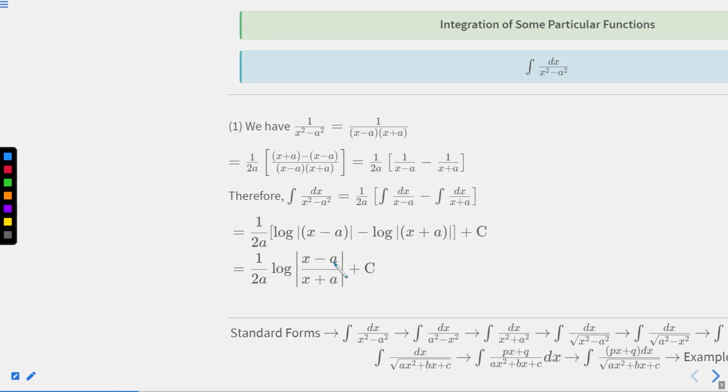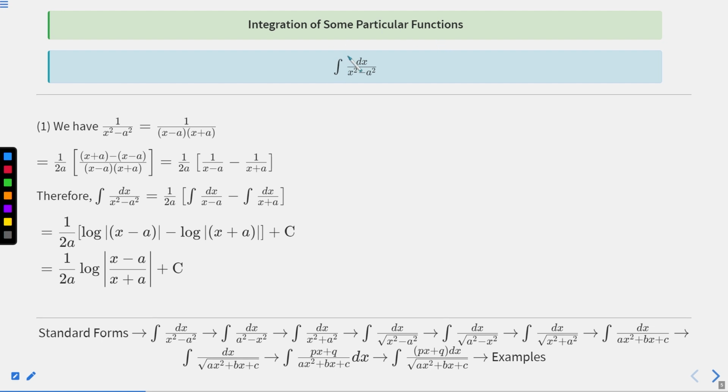Okay, let us move next. Now we'll see how we get to our answer in the first expression. 1 by x square minus a square can be rewritten in this form. You all know that x square minus a square can be reduced to the multiplication x minus a, x plus a.